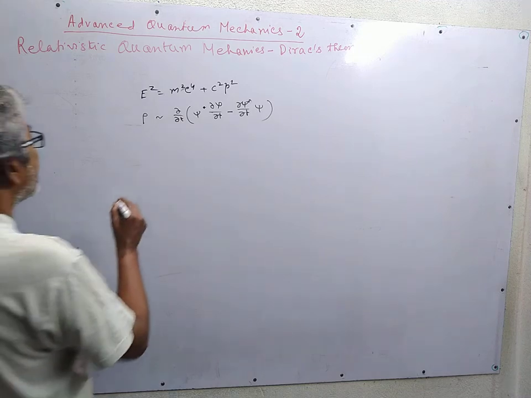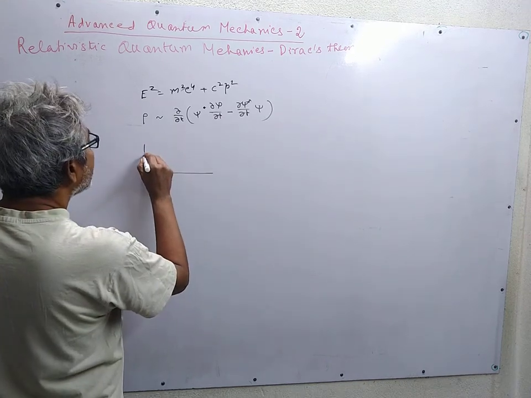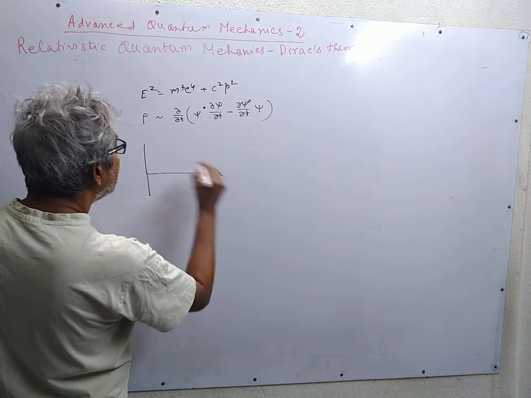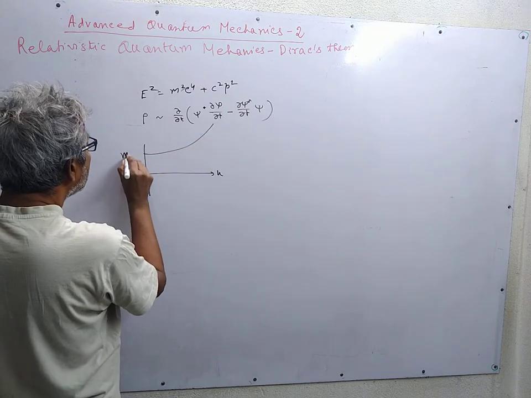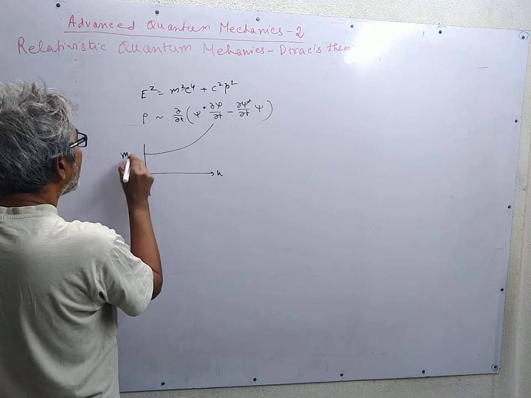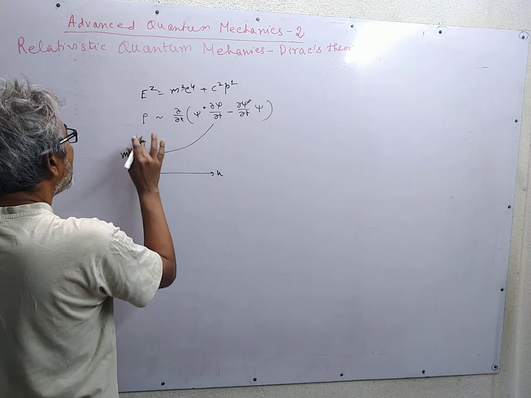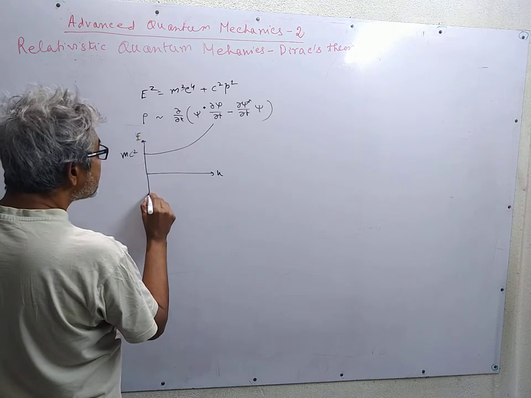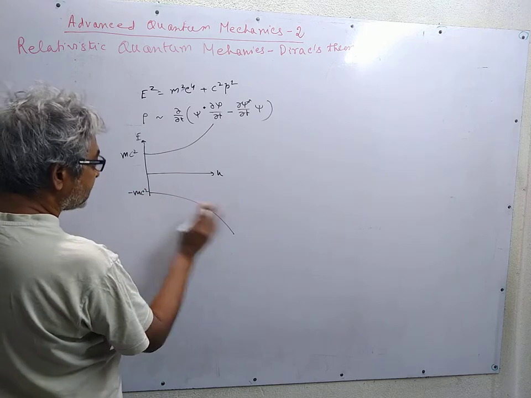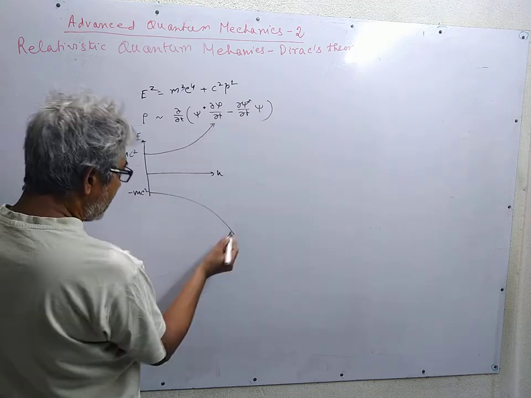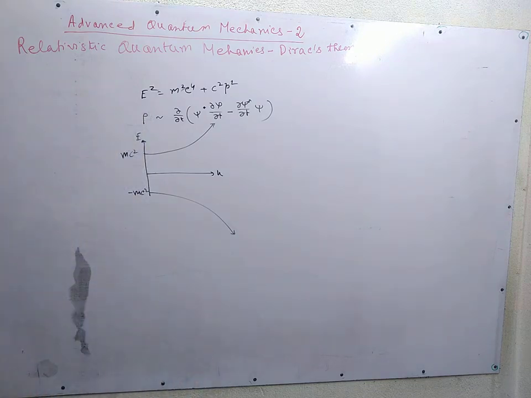The energy spectrum obtained from the Klein-Gordon equation is that the energy increases from mc square onwards with increasing K value, and it decreases below minus mc square with increasing K values. So this is the energy spectrum that we obtain from the Klein-Gordon equation.